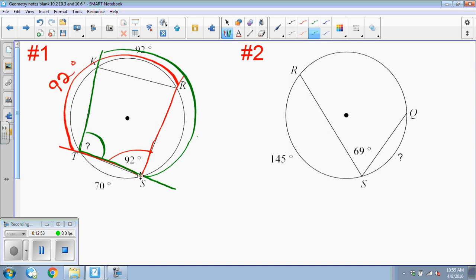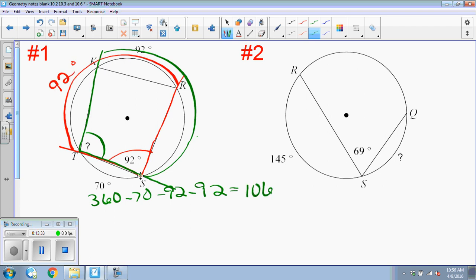So 360 minus 70 minus 92 minus 92 equals, what's left will be that other arc. That's not 106. Okay, 360 minus 70 minus 92 minus 92 is 106.